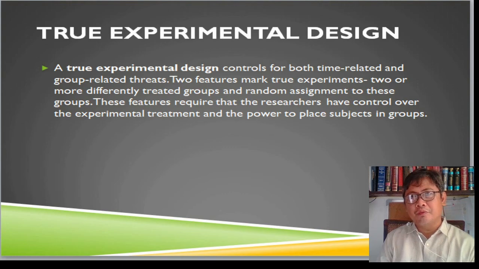You can either have two experimental groups or one control group, or vice versa. And the random assignment to these groups. So we have what we call probability sampling in selecting your subjects or respondents of the study. These features require that the researcher have control over the experimental treatment and the power to place subjects in groups.